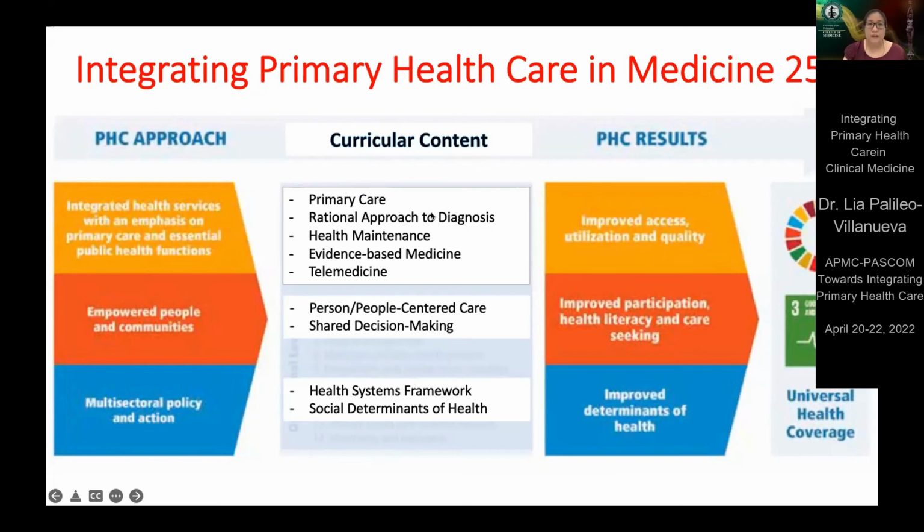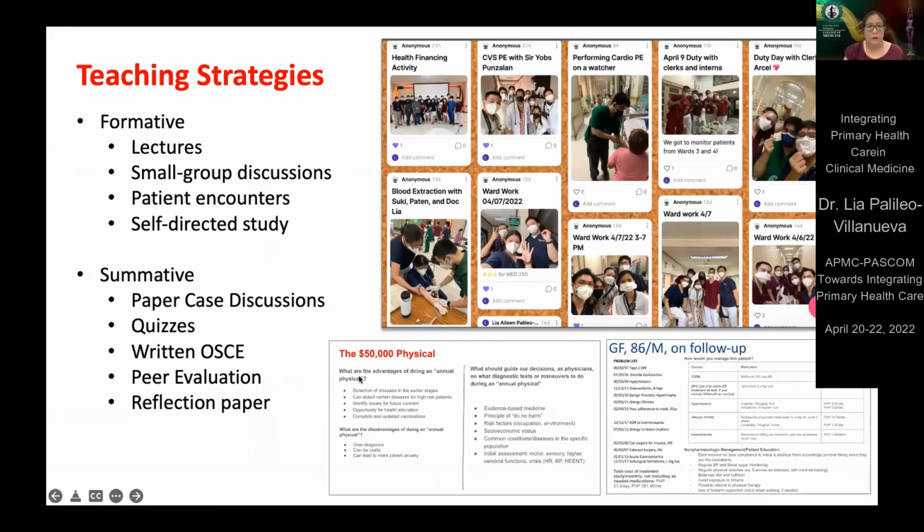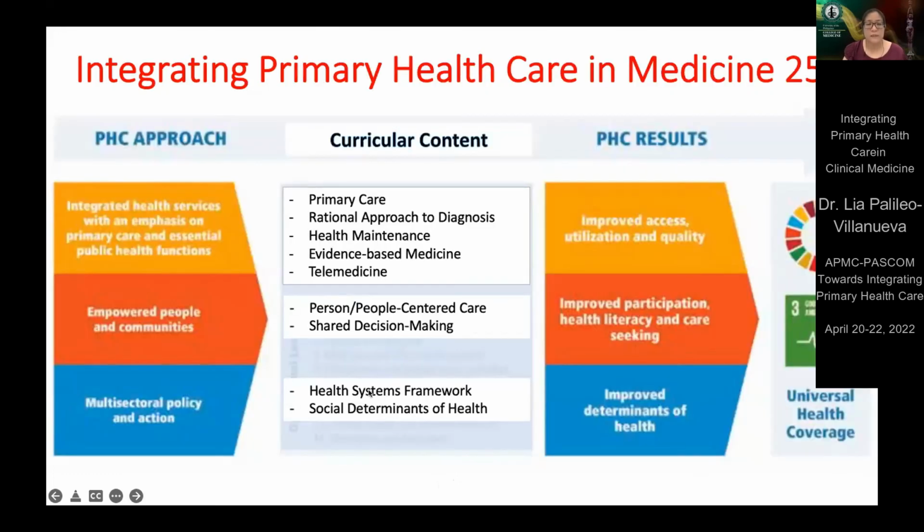So in terms of the curricular content, we are able to provide, of course, mostly on health services, but we try to touch on topics and reflections that will address the other two components of the primary healthcare approach. And yeah, so this is how it looks like.